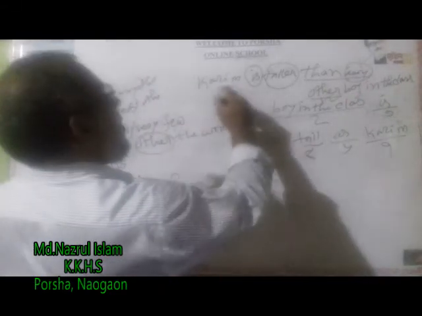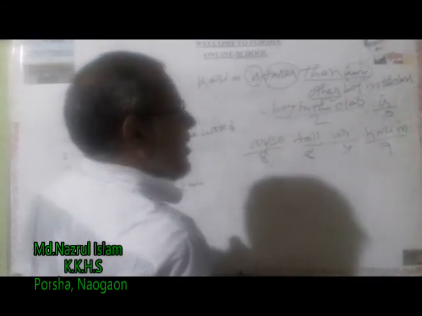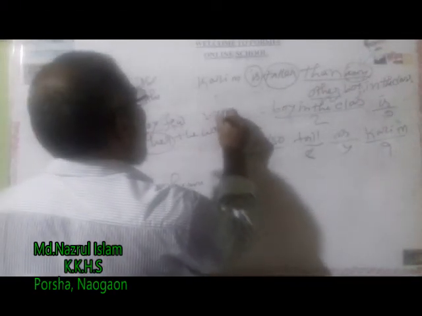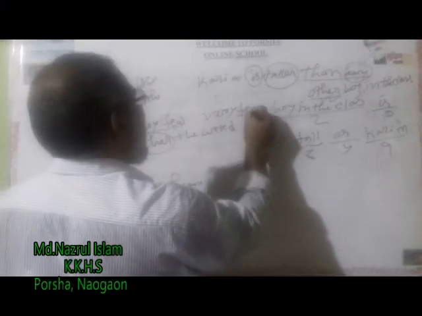If the sentence is Karim is taller than most other boys in the class, first of all, number 1 activity, very few will be used. Very few. And all things are okay. And in this case, boys.